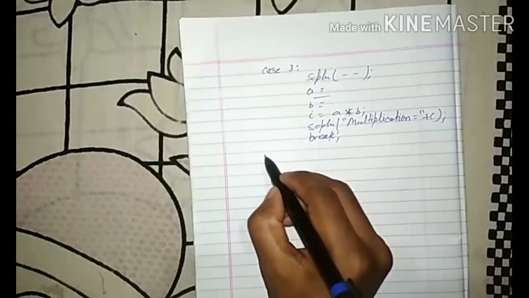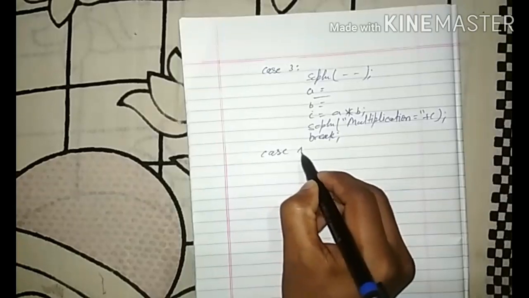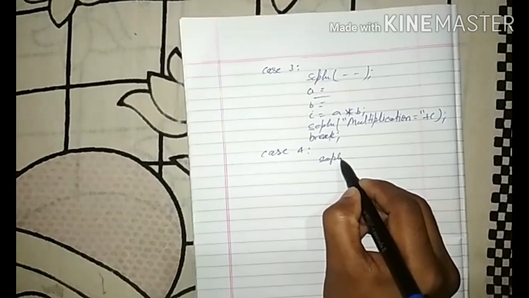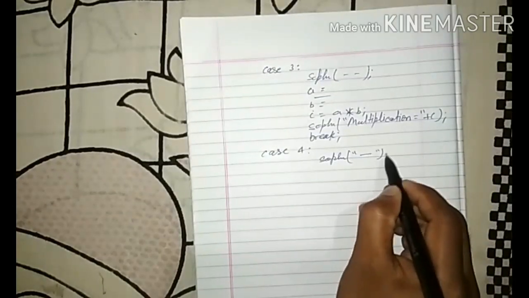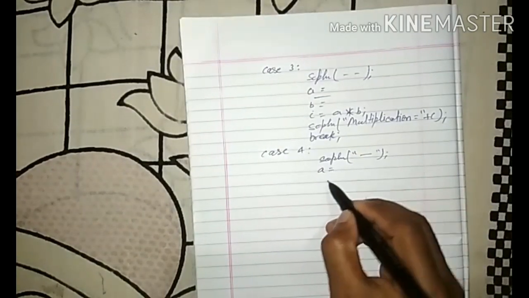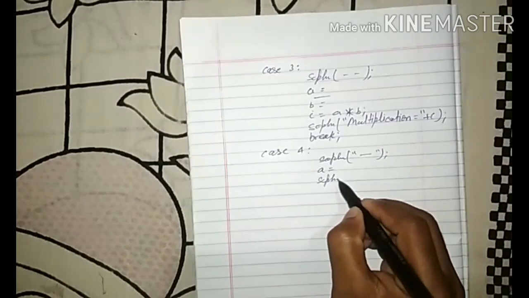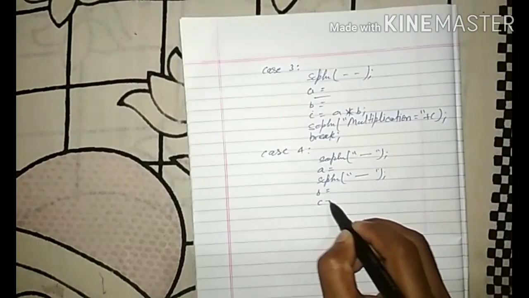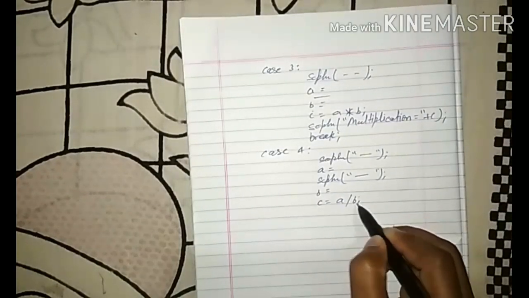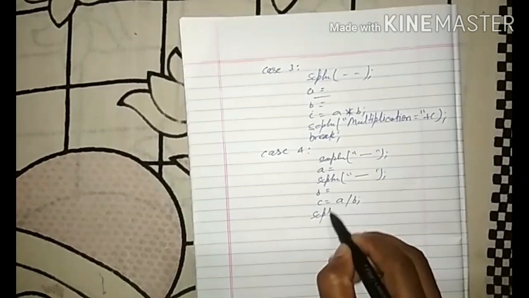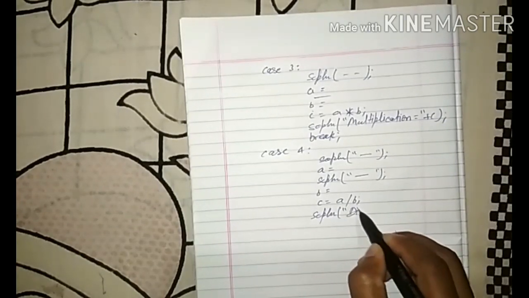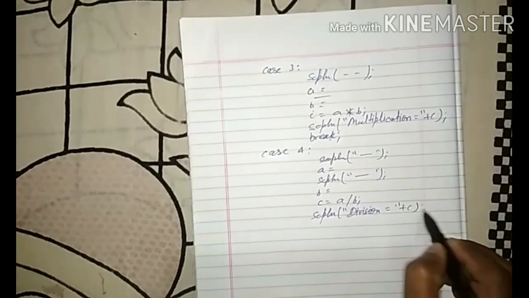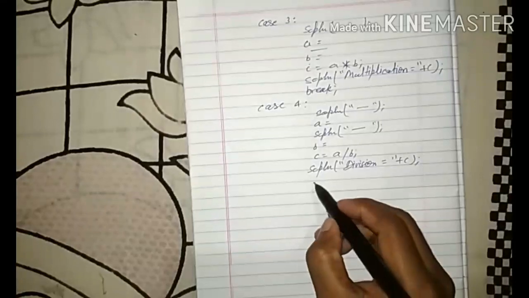Same thing for case 4, you know, SOPLN input first number, that is A, then SOPLN input second number, that is B, and C is equal to A divided by B, and same thing SOPLN division is equal to plus C, and after that just break.